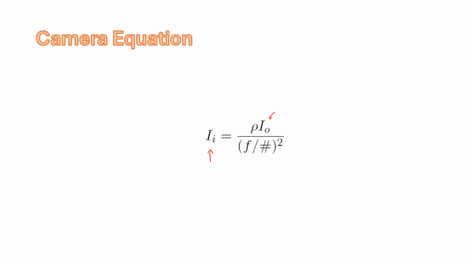So this is why looking at the sun is so dangerous, because the energy intensity of an image of the sun is equal to the energy intensity on the surface of the sun divided by the f number squared.